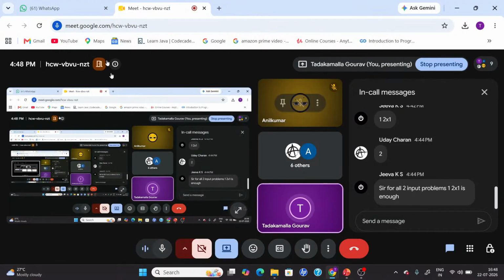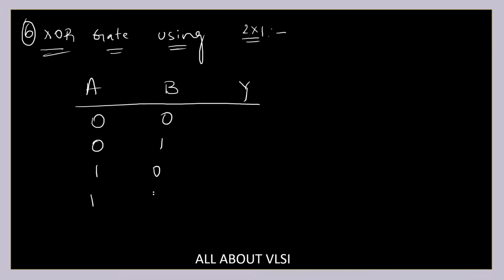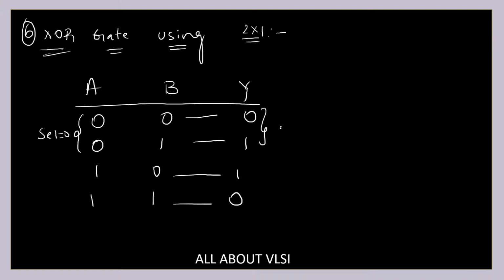First of all, let us have the XOR gate truth table A, B, and Y. So 0, 0, 0, 1, 1, 0, and 1, 1, 0. Now, here I am going to have my select line as A. So select line is equal to 0, this is my I0. And here select line is equal to 1, which is nothing but my I1.